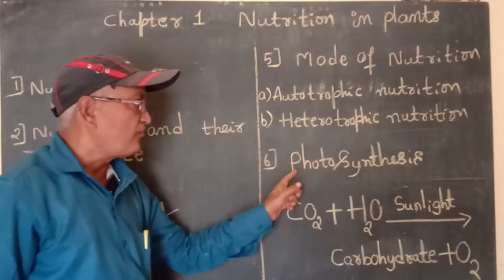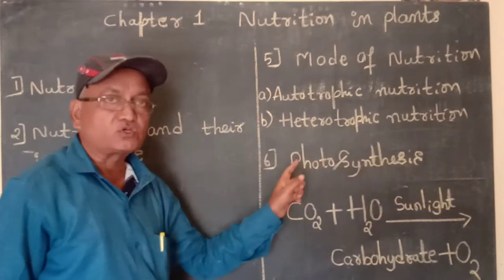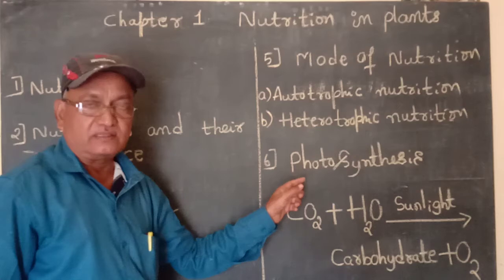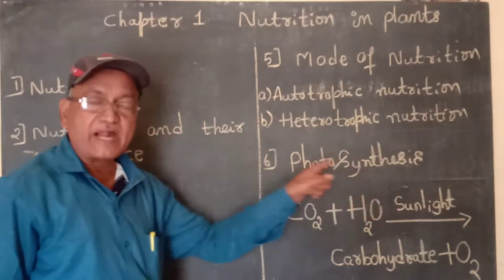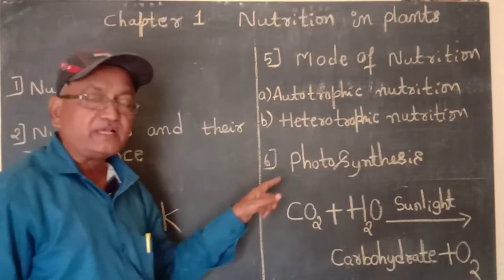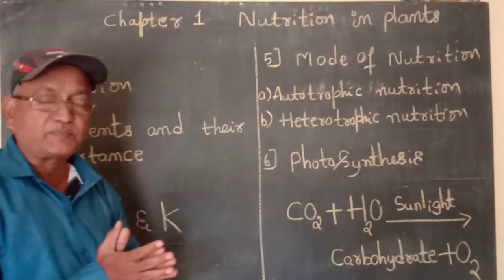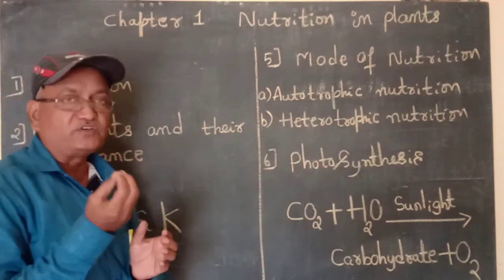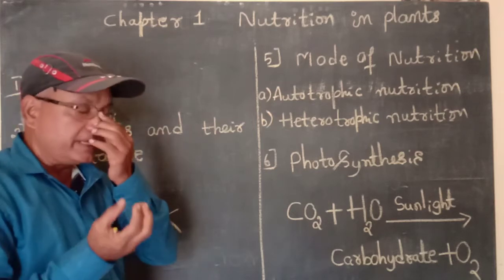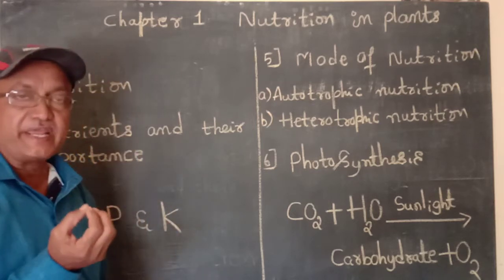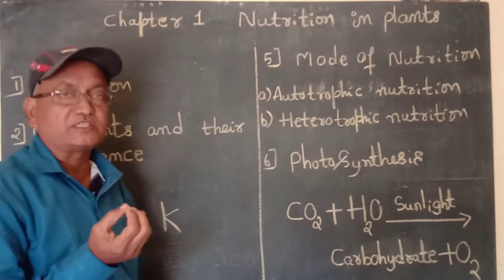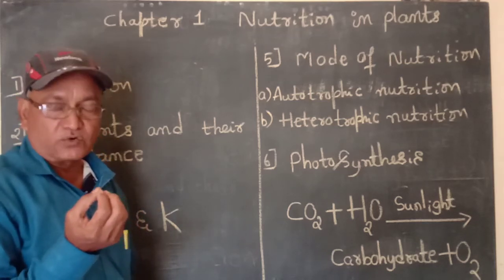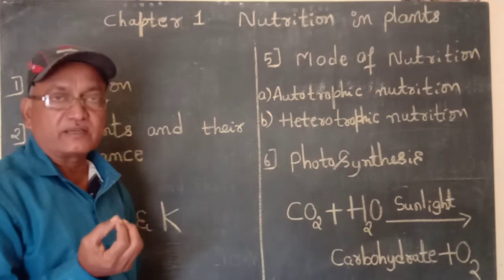What do you call it? Photosynthesis. Photo means light, and that light is nothing but sunlight. Synthesis means preparation. Plants prepare food by using sunlight. Leaves consist of tiny pore-like structures. Those pores we call stomata, surrounded by guard cells.